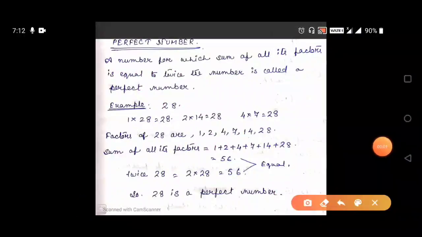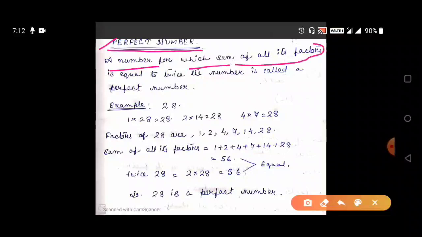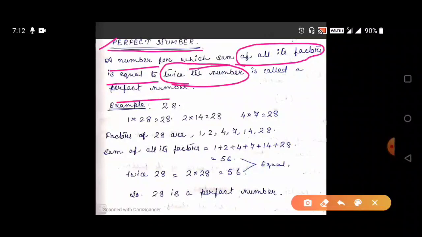The next one is what is a perfect number. It is very important. The definition is: a number for which the sum of all its factors is equal to twice the number is called a perfect number. So we will take a number, for example 28. First of all we will find the factors of 28. So the factors of 28 are 1, 2, 4, 7, 14, 28.